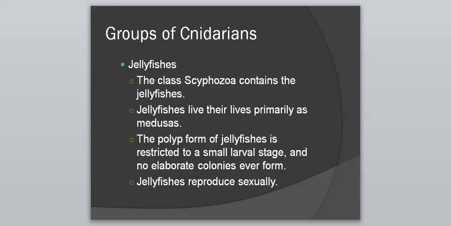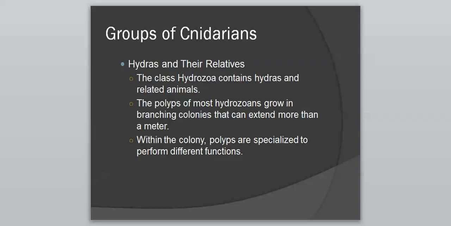We all know what jellyfishes look like, and we're going to take a look at some of those more in depth. Moving on to our next group, hydras and their relatives. This class is known as Hydrozoa, and it contains hydras and related animals. The polyps of most hydrozoans grow in branching colonies that can extend more than a meter, and within the colony the polyps are specialized to perform different functions.